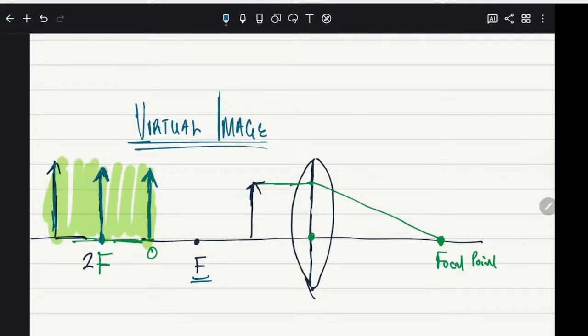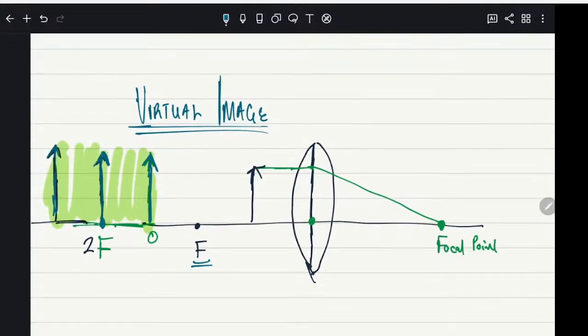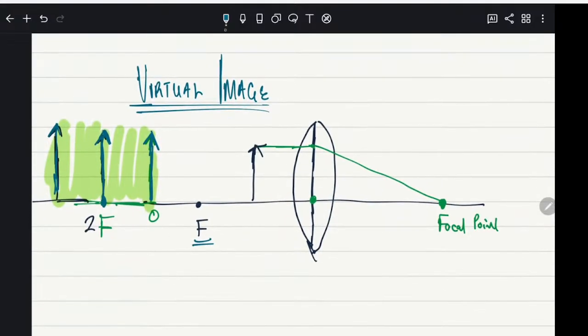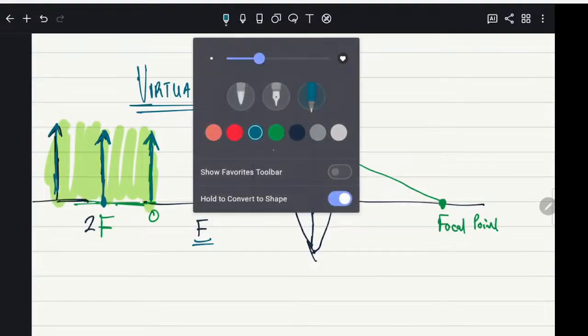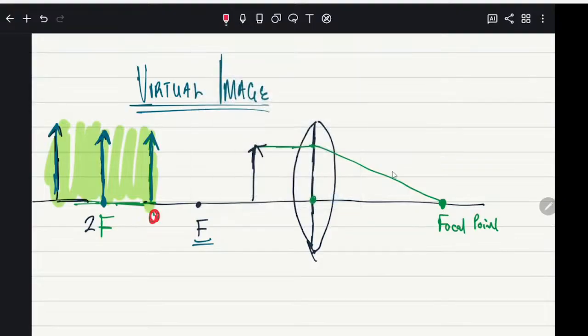These are good positions to put the object to get a real image. If you put your object here, you are doing well. You're going to get a real image.